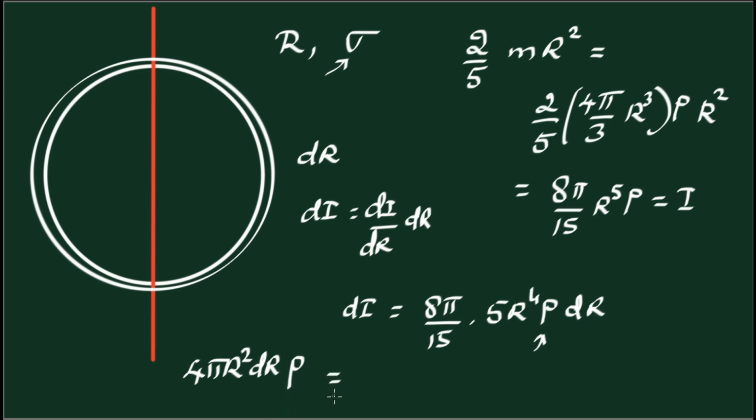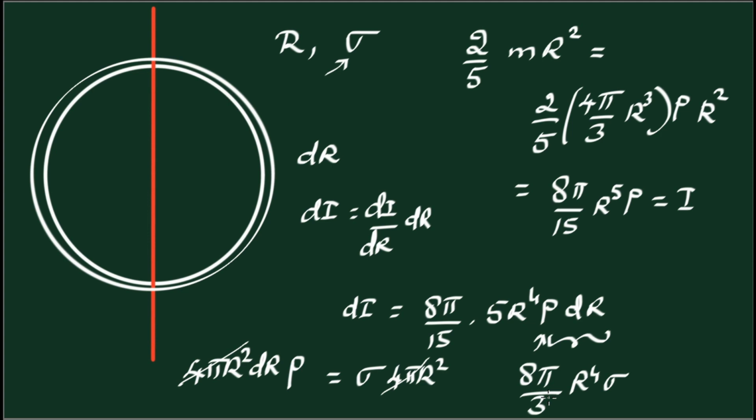That is equal to mass per unit area times the surface area, 4 pi r squared. 4 pi r squared cancels, and you get sigma is equal to rho dr. So out here we can substitute sigma for rho dr, and we get 8 pi by 3 r power 4 sigma. That's the moment of inertia of a thin shell.